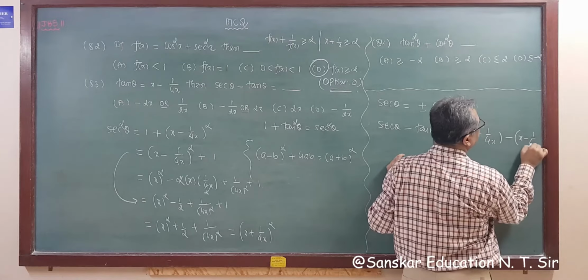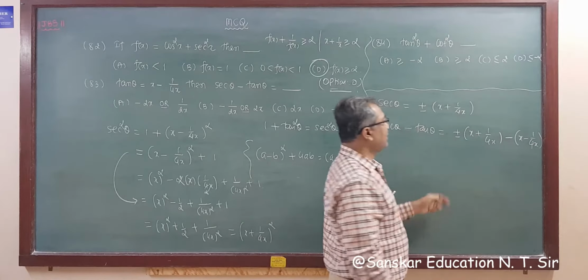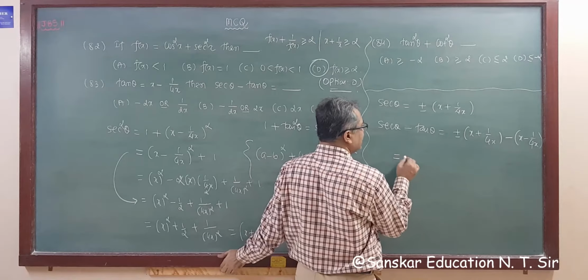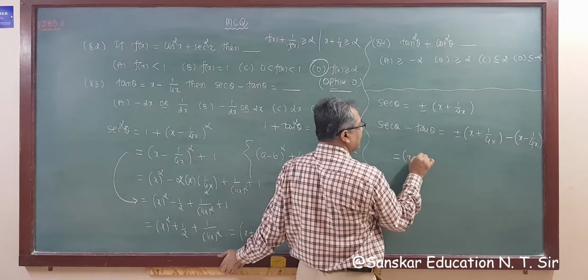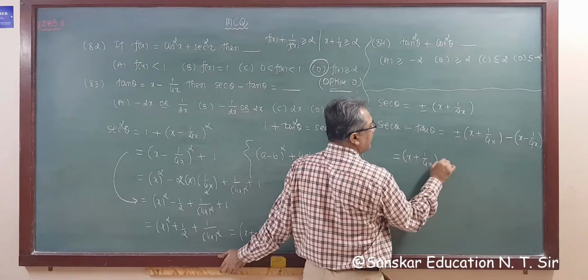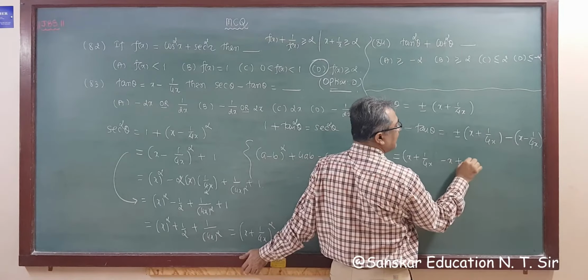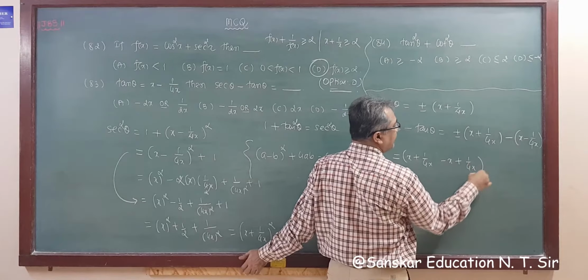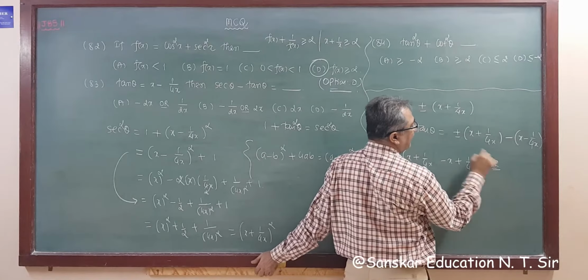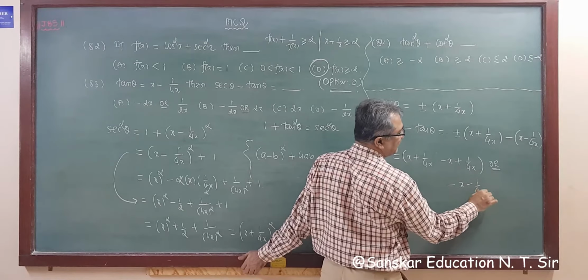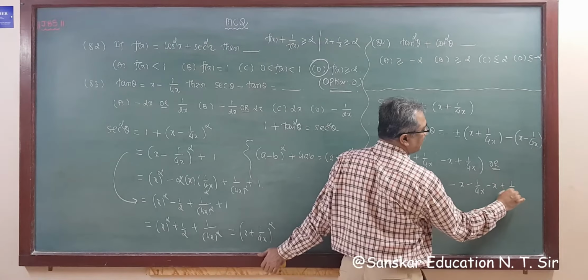Taking one time plus, second time minus: first plus, x plus 1 upon 4x minus x minus 1 upon 4x. Or now taking minus, minus x minus 1 upon 4x minus x plus 1 upon 4x.